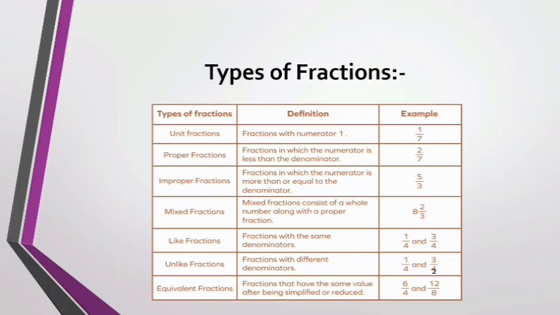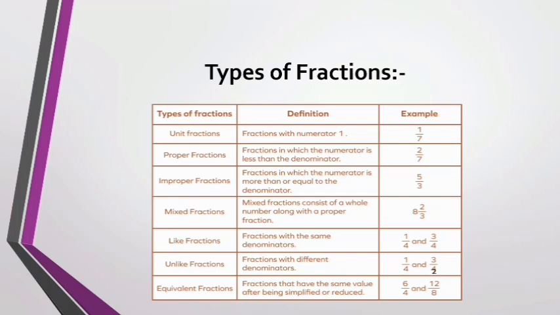The opposite of proper fraction is improper fraction. Fractions in which the numerator is more than the denominator are said to be improper fractions. For example, 5 by 3, 7 by 2, 6 by 3 and so on. Then we have a mixed fraction.